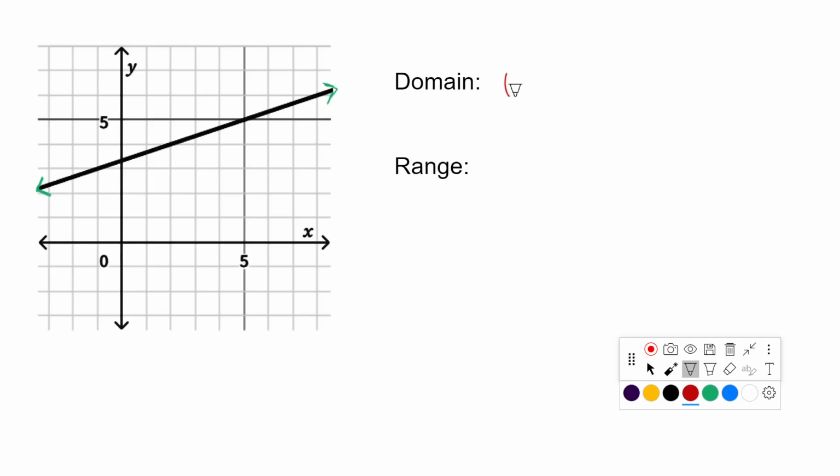So this domain is also negative infinity to infinity. My range, I don't have a maximum or a minimum because it continues in an upward direction if I read it to the right, and it continues in a downward direction if I read it to the left. So my range is going to be the same as my domain in this case, negative infinity to infinity.